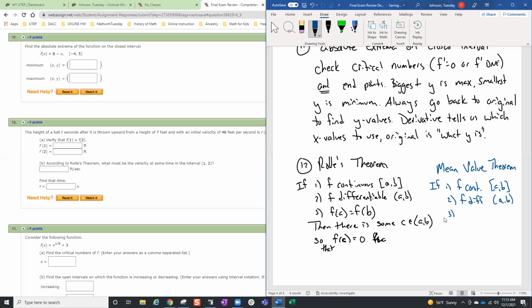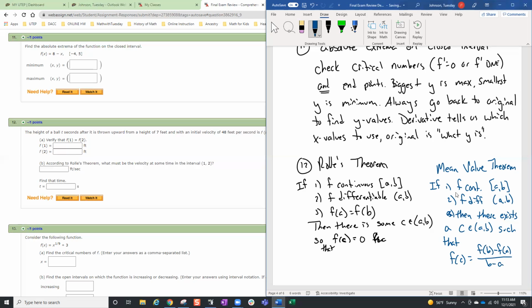It's continuous and differentiable. I think we go straight to then. There exists C in the interval from A to B. This funky looking E means element of, so it's in that interval, such that f of C is equal to the slope of the line through the endpoints.